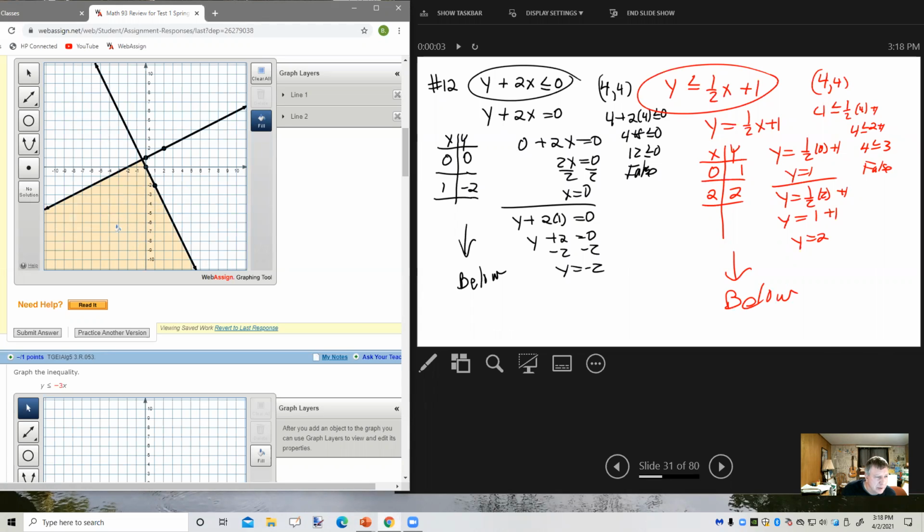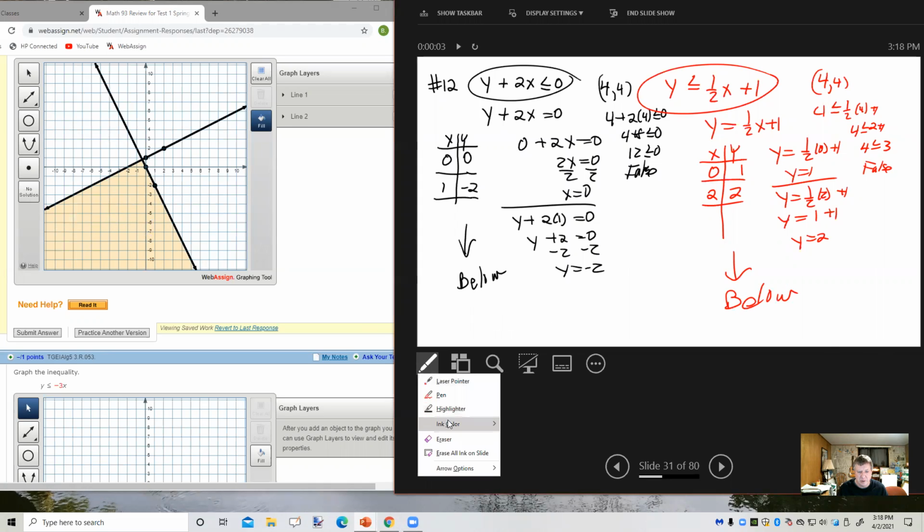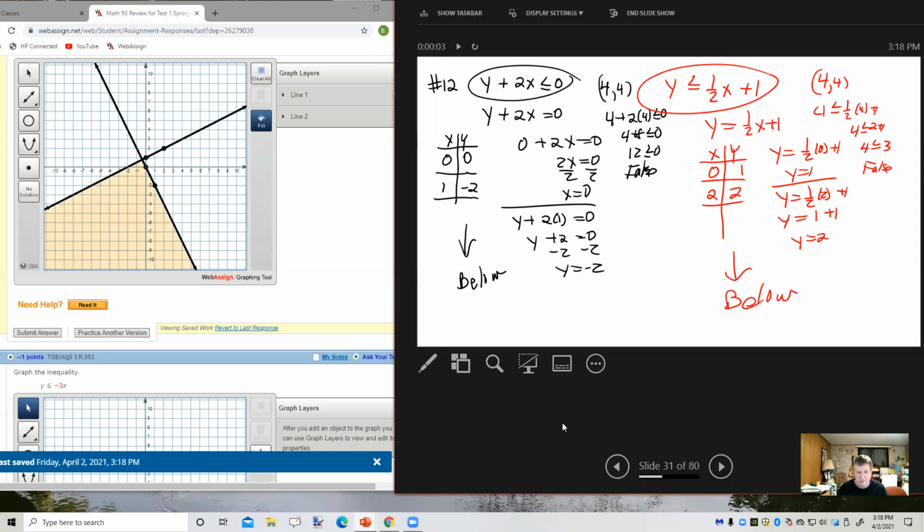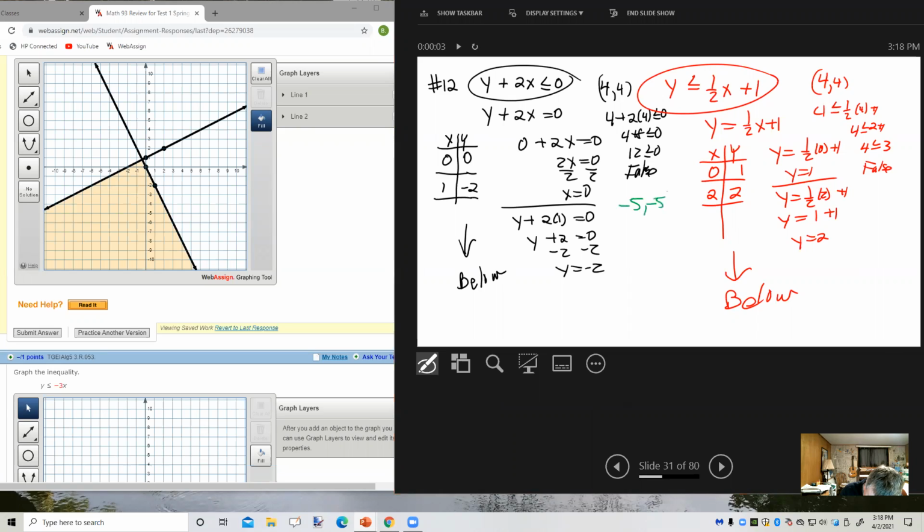Let's pick a test point there. How about -5, -5? Okay, that's in that region. So we'll put it in there. -5 plus 2 times -5 less than or equal to 0. -5 plus -10 less than or equal to 0. -15 less than or equal to 0.